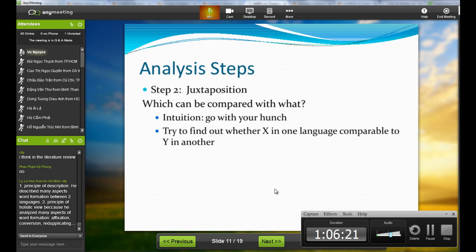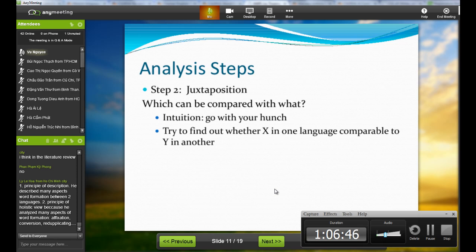And it is this step that requires you to mobilize all of your understanding about linguistics. It depends on your experience, and you need to go with your hunch. You need to see whether this aspect is comparable with this aspect or not.